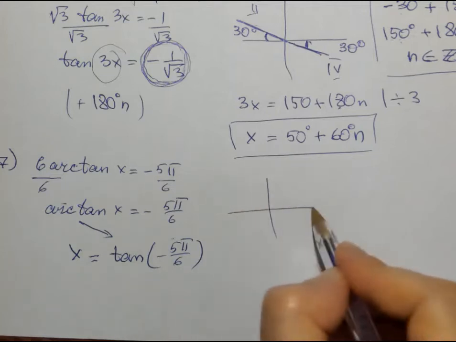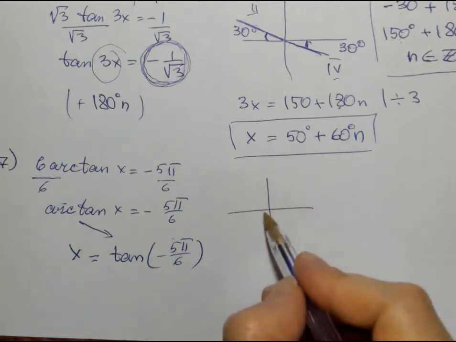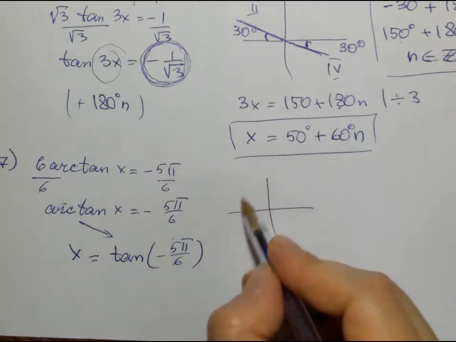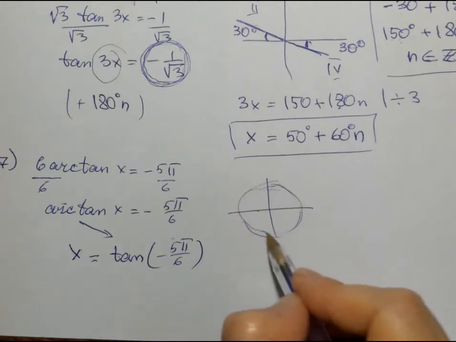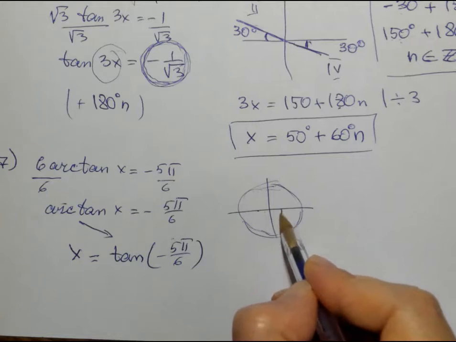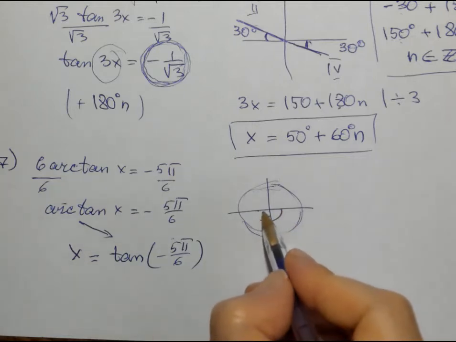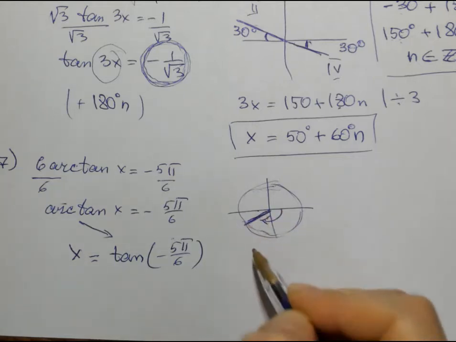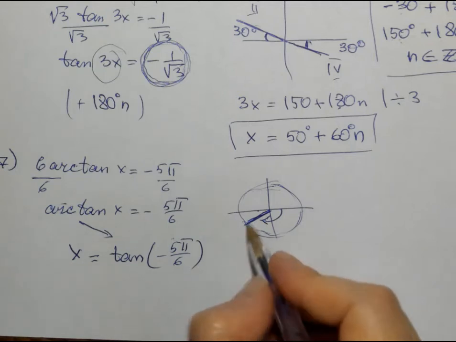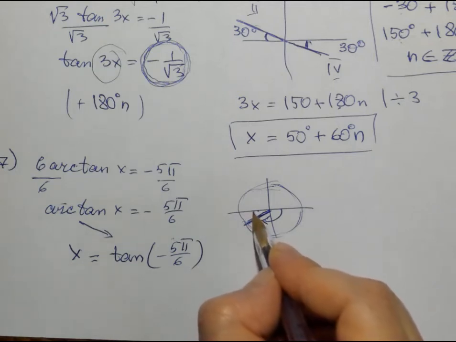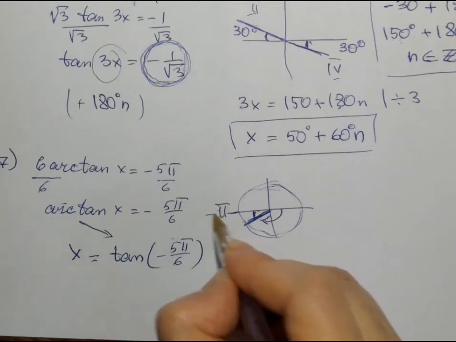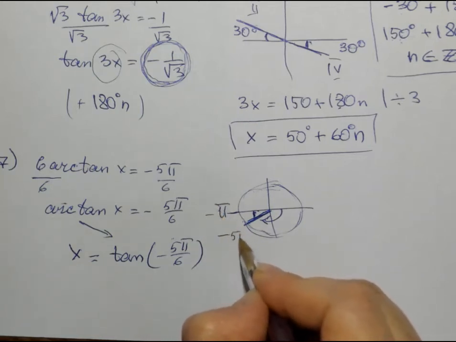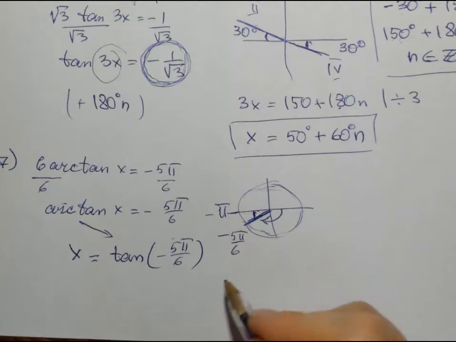Let us find this trigonometric function value using the unit circle. Negative 5 pi over 6: we move in the clockwise direction. So 1 pi over 6 before negative pi is negative 5 pi over 6.